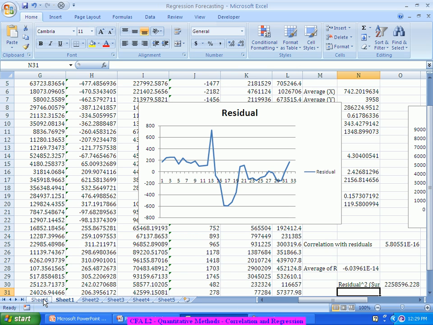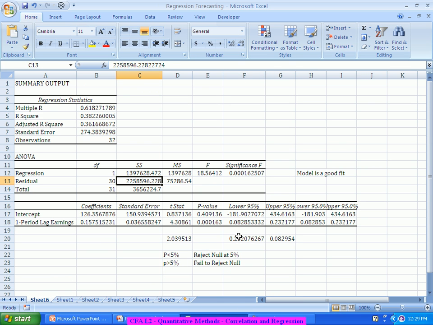Now if I see here, 2258 is present here. So the residuals, it is nothing but the sum of squares of the residuals. People call it the error sum of squares or residual sum of squares. Those are some of the words being used. So the residual sum of squares is this much.